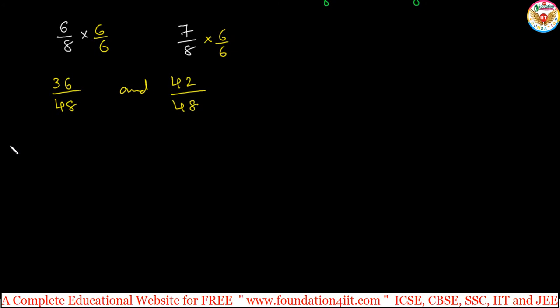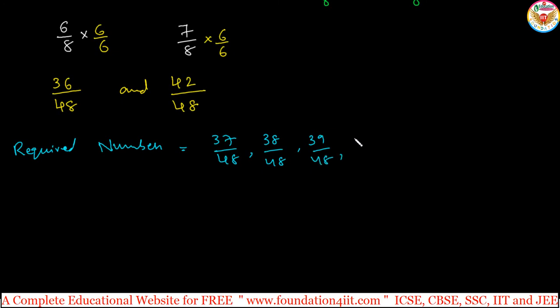The required rational numbers are 37 by 48, 38 by 48, 39 by 48, 40 by 48, 41 by 48.